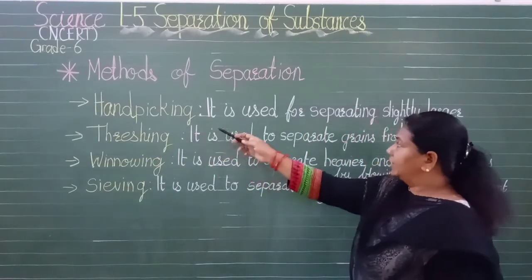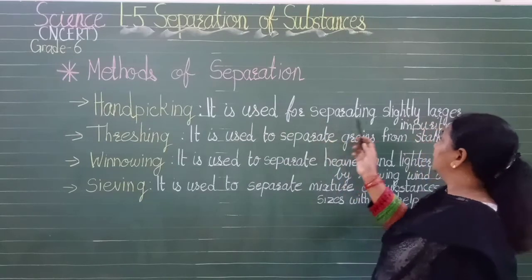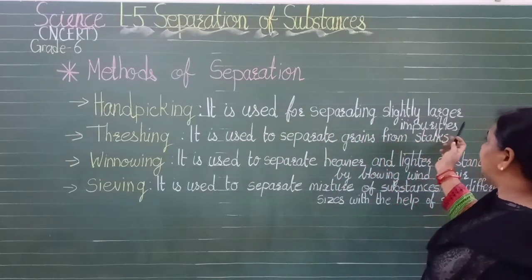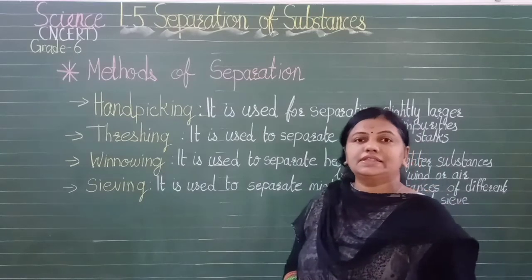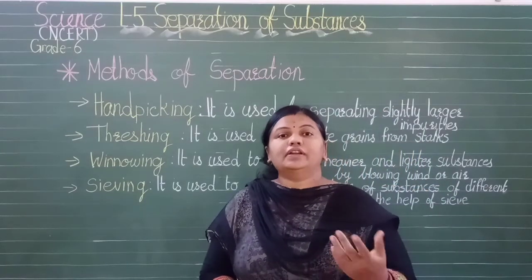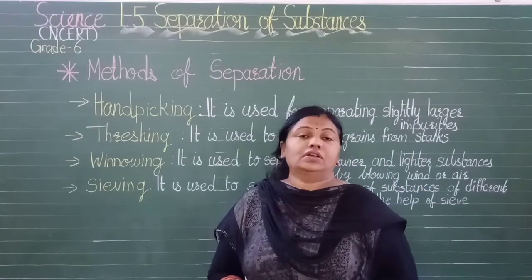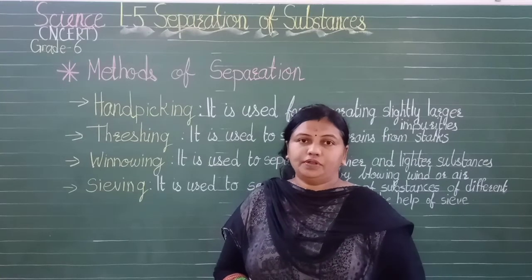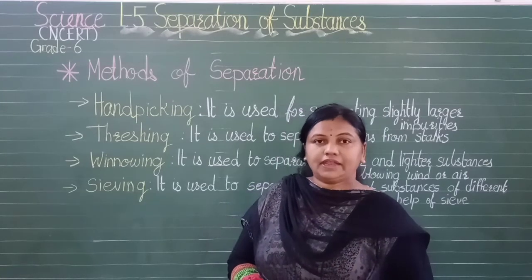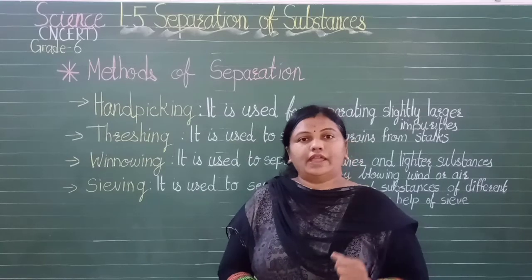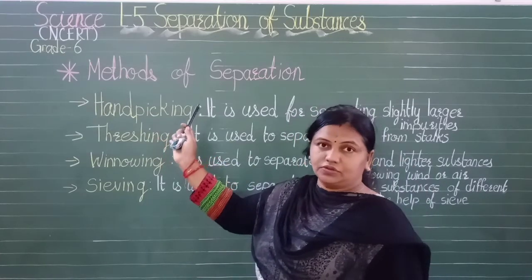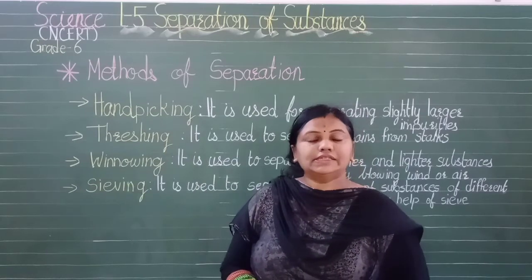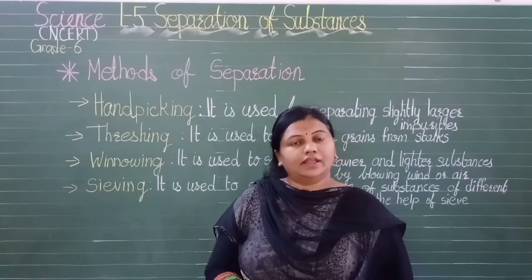Hand picking is used for separating slightly larger impurities. Suppose grains are there. Grains contain stones, husk or some impurities, which can be taken out with the help of our hand. So for that purpose hand picking is used, which can be easily separated with our hand.